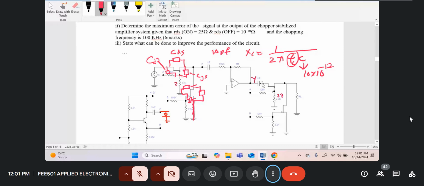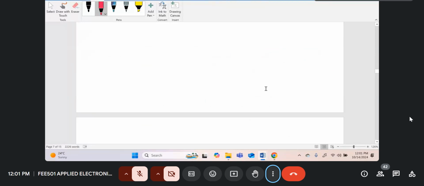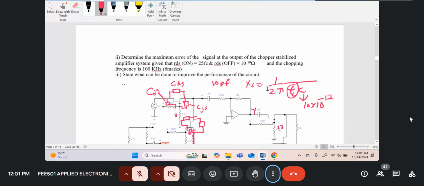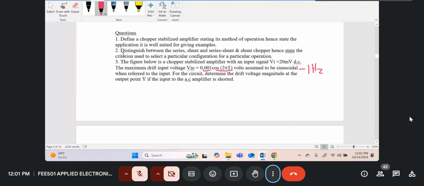So any more questions on this? So please do these simple problems over here. I normally ask this. What are those questions? Oh, here. Question 2. Distinguish between series, shunt, and series-shunt chopper.